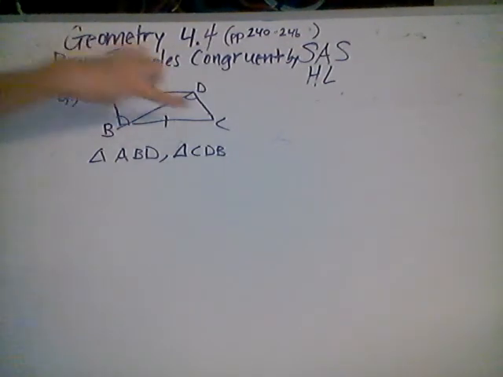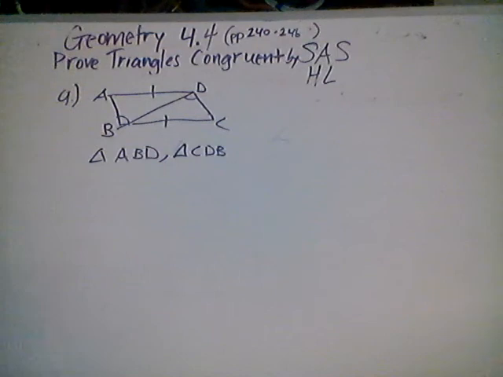AB is congruent to CD. We know that the angles are congruent because they are marked as such, and we know that the lines are parallel.